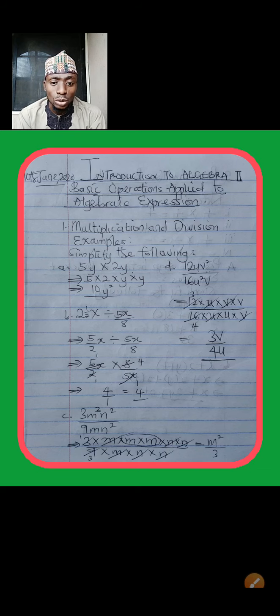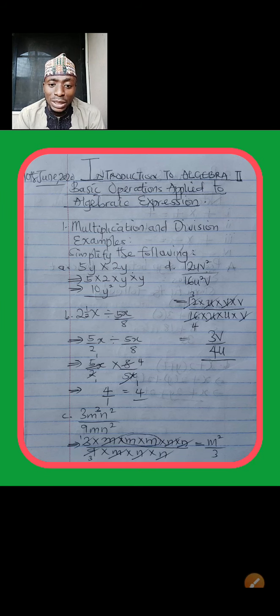The third one is also division. 3m cubed n squared over 9mn squared. So you express that: 3 times m times m times m times n times n, over 9 times m times n times n. You look for the numbers and letters that can cancel each other. 3 and 9 can cancel.